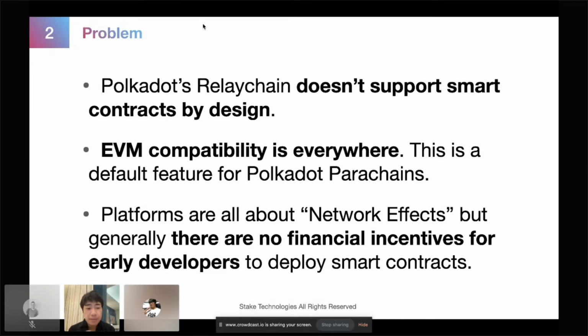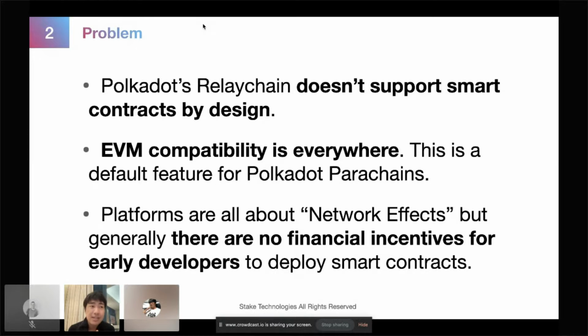Another problem is that platforms are all about network effects. But generally, there is no financial incentive for early developers to deploy smart contracts, except for grants. Many people are thinking about migration from Ethereum to another EVM-compatible layer 1 blockchain, and they're distributing a lot of grants.